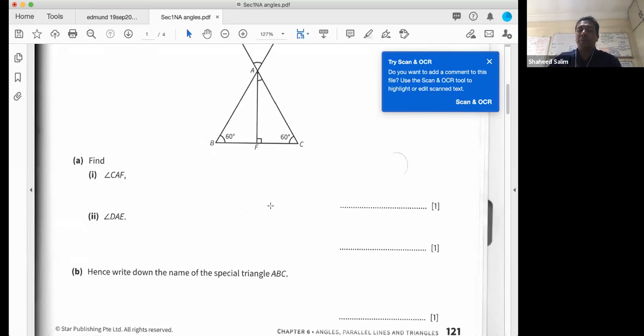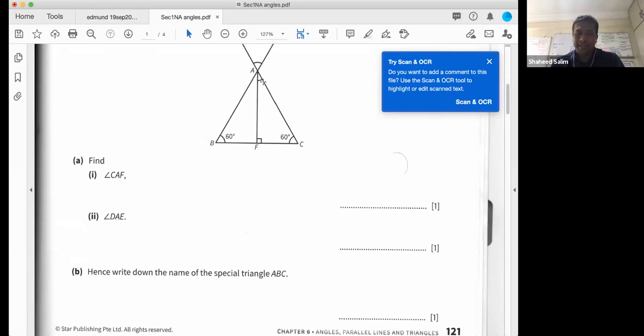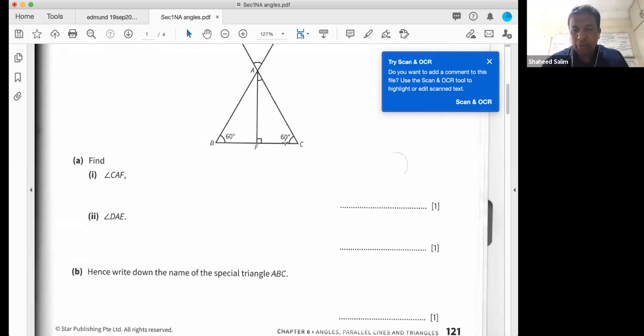Hence, write down the name of the special triangle ABC. What is this triangle called? Isosceles. No. You say down here is 60. This is 60. This is 60. So, equilateral. But an equilateral triangle is also an isosceles triangle, because an isosceles triangle must have at least two angles the same.